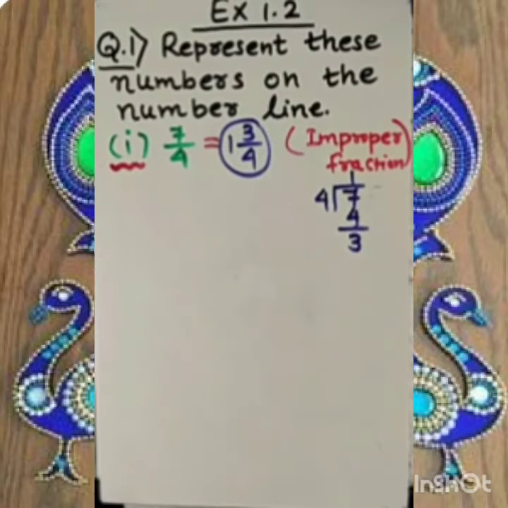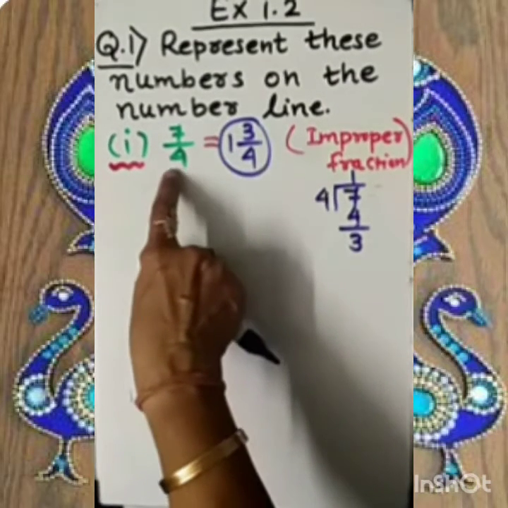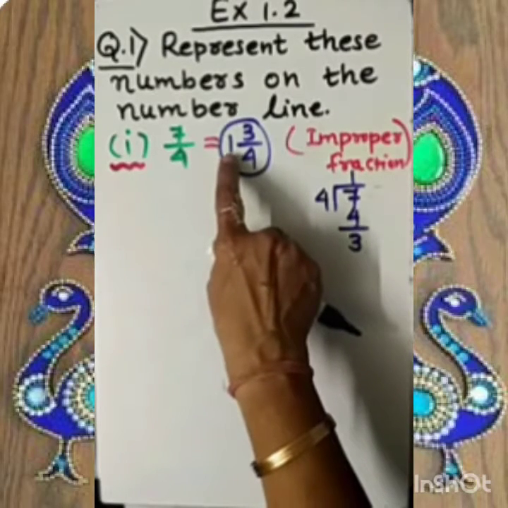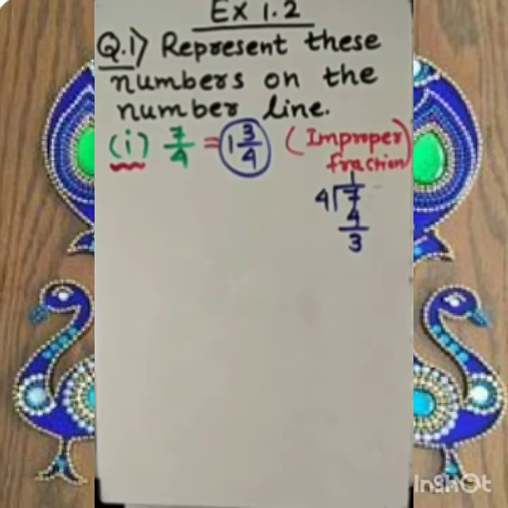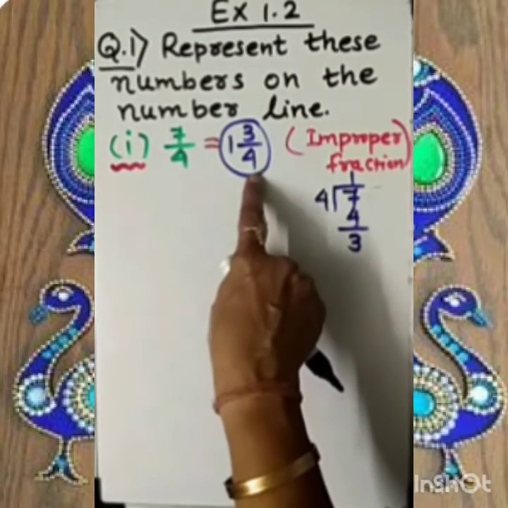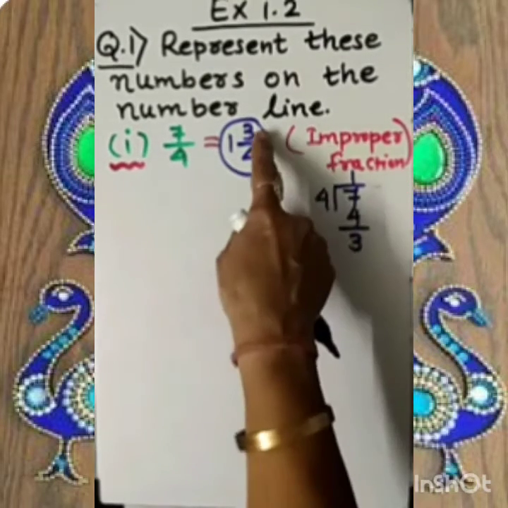Clear to you? It indicates that the number which we are going to locate on a number line will lie between 1 and 2. How am I telling you this? Because you can see 1 3 by 4. 1 is the integer part, that is 1 plus something we are having.